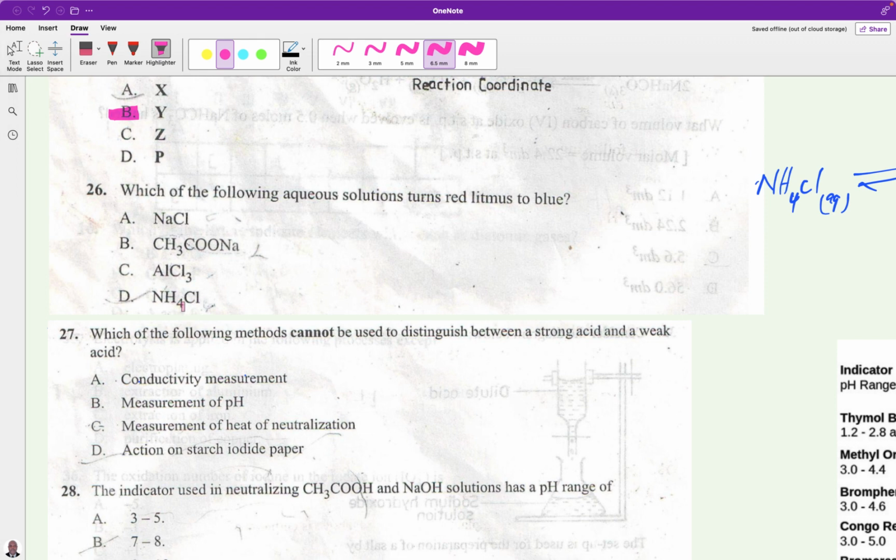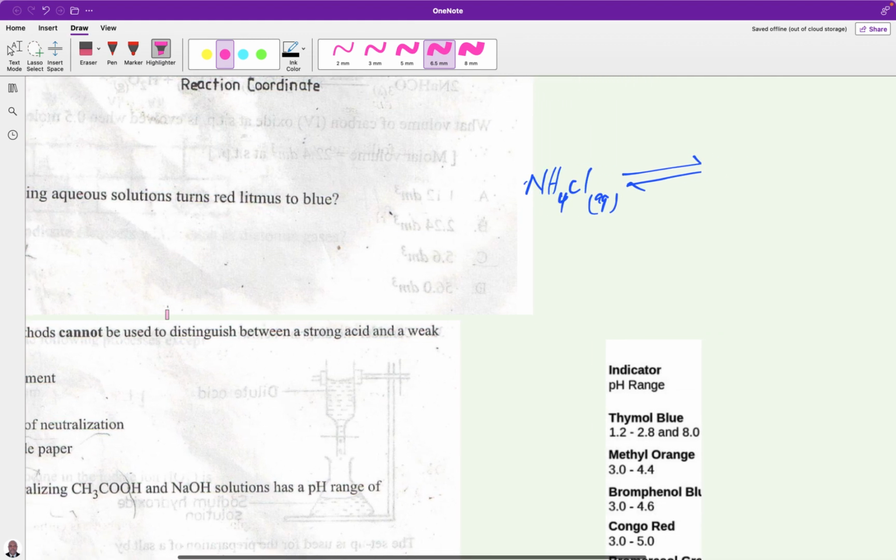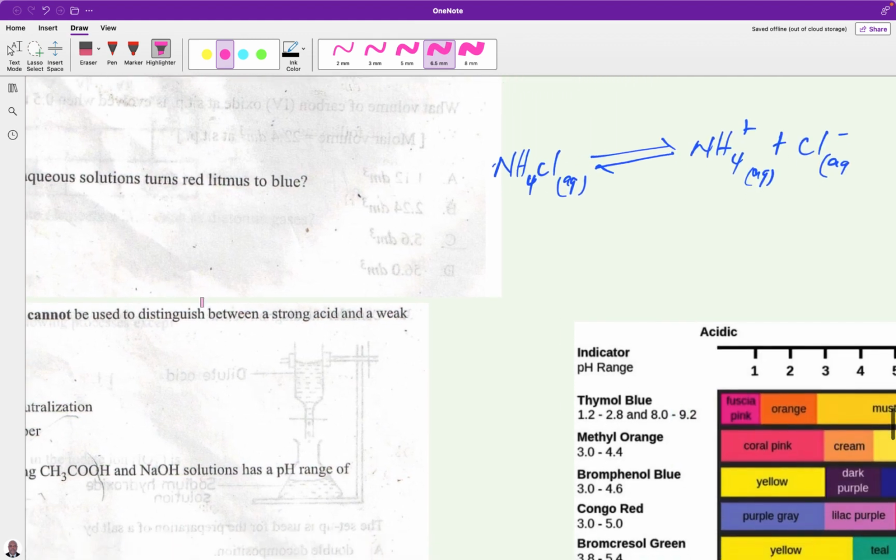So when ammonia reacts with hydrogen chloride, we will form ammonium chloride. So in this case, it is the ammonia that is going to work here.